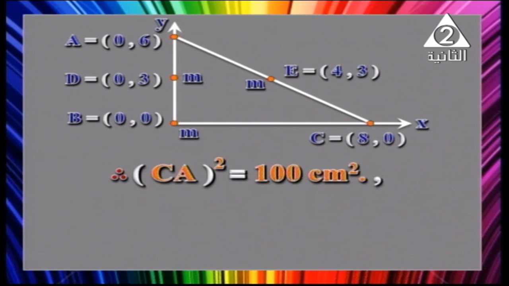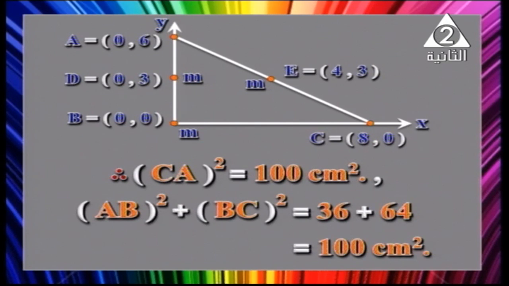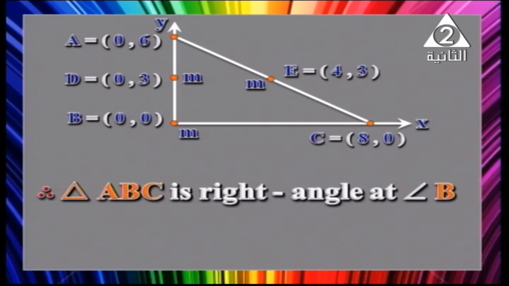Coordinate of point D is (0, 3). Understand, my dear student? CA square equals 100 by using Pythagoras theorem. Therefore, CA equals 10. ABC is a right angle triangle at B.